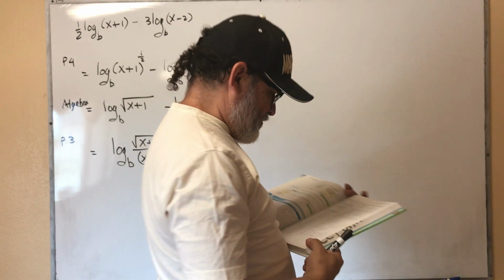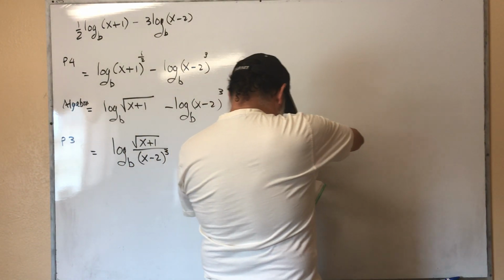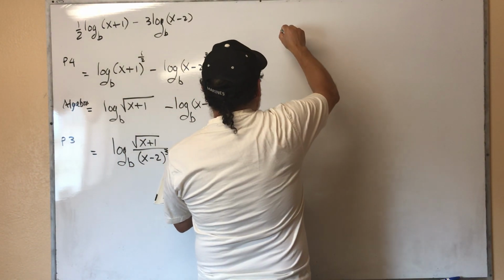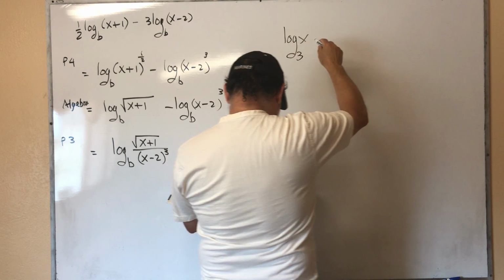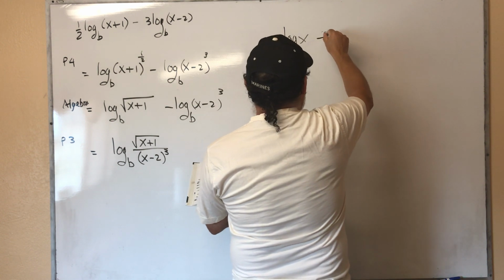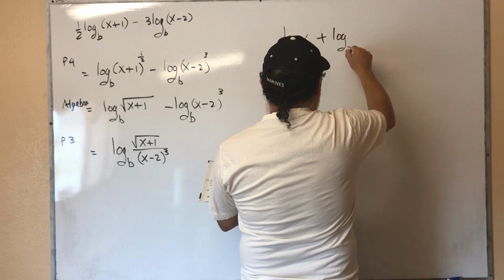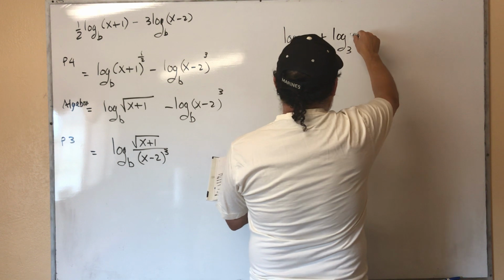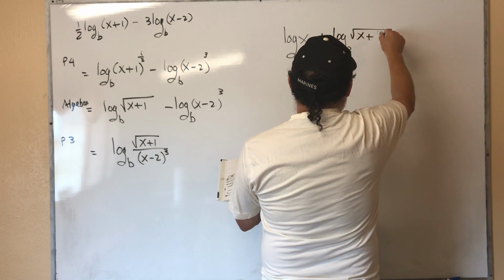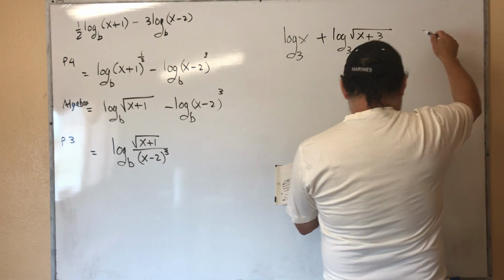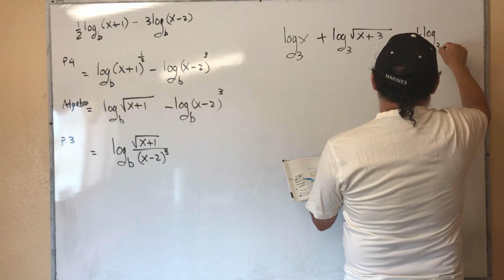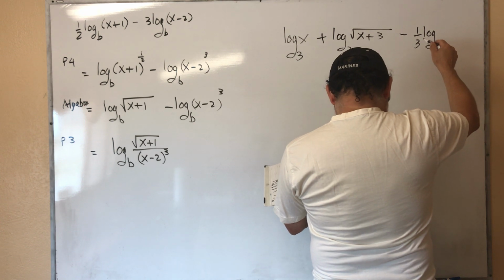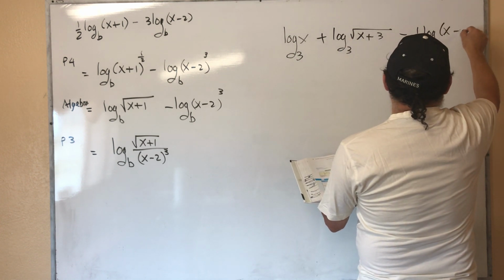Consider this: log base 3 of x plus log base 3 of the square root of x plus 3 minus 1/3 the log base 3 of x minus 4.